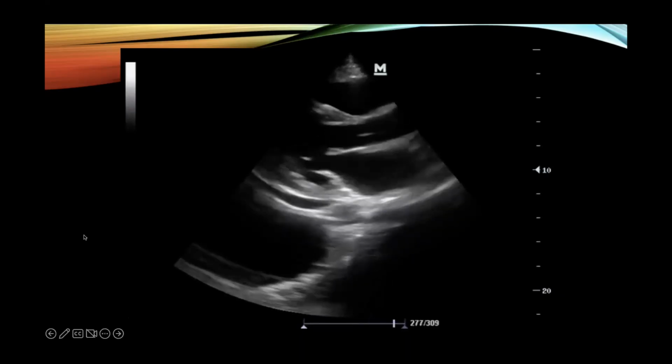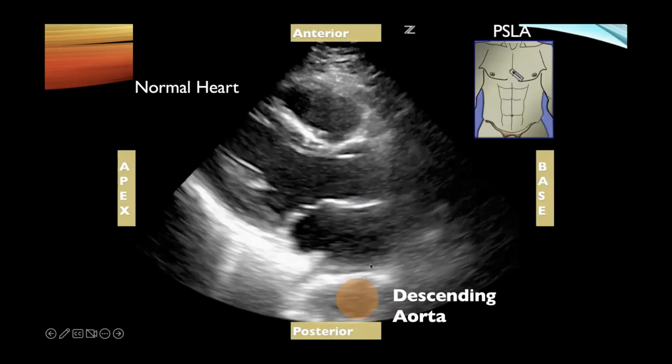Awesome, yes, perfect. That's why it's so important to get the descending aorta in view, right? If we see fluid right above and crossing over the descending aorta, then we're definitely concerned for pericardial effusion. But if we see it on either side of the descending aorta, then it's more likely a pleural effusion.